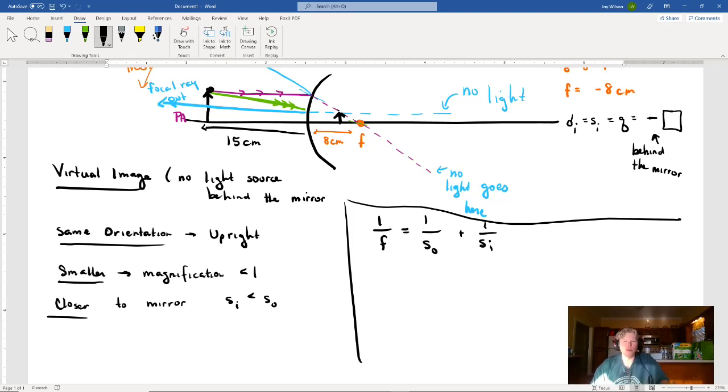So let's do this. What is our focal? Well, it's -1/8. And that equals 1/15, 15 positive, and 1/SI. I don't know what the image distance is yet. That's what I'm trying to find. So what am I going to do?